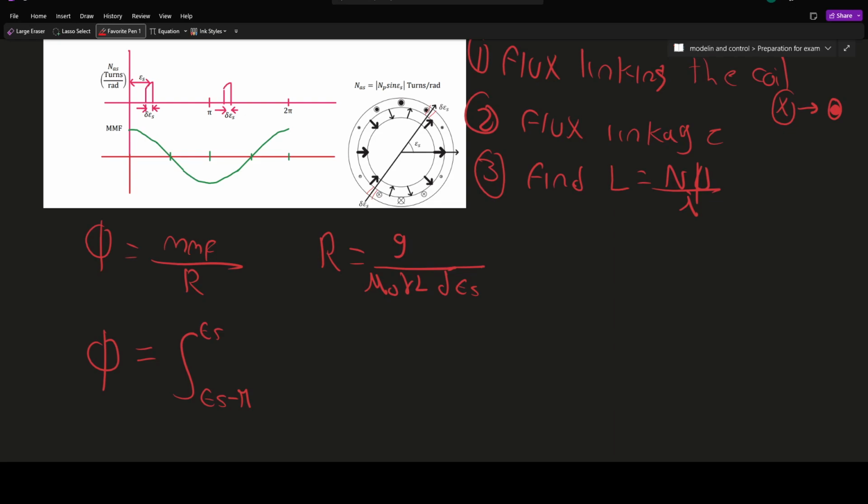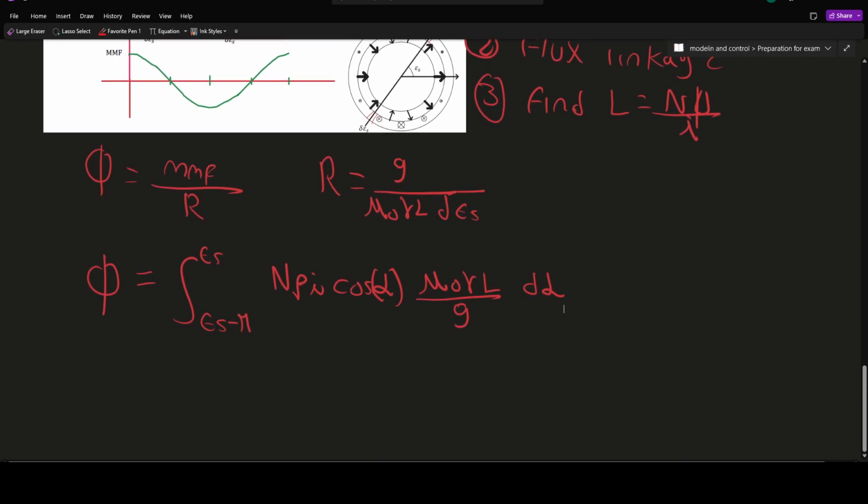Yes, ES to ES minus pi. Multiply, and the integral is gonna be m pi a cos alpha. This is our MMF, what we just found out before. And we divide by our reluctance, so we're gonna get mu naught LG d alpha.